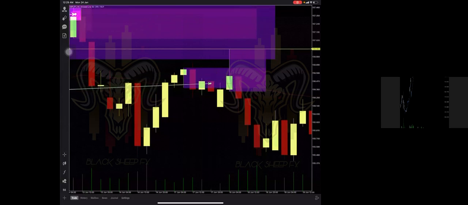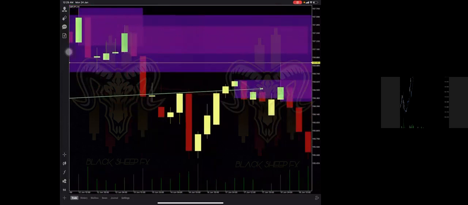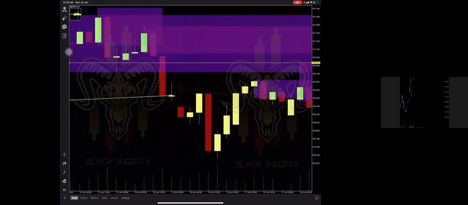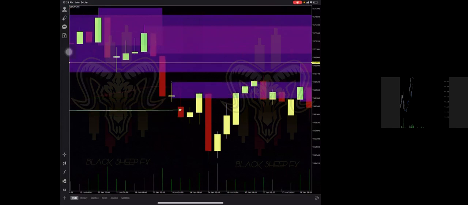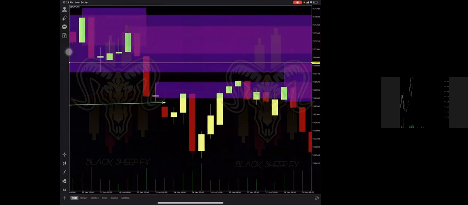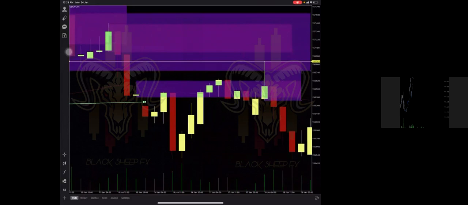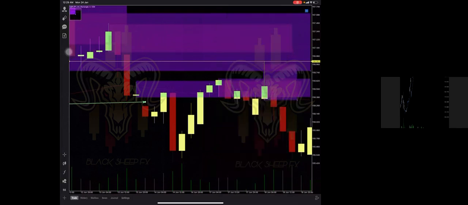Why can you be confident here? Because look here. Let me start one engulfing. Green candle, red candle, eaten. Sell. Sell. Sell.